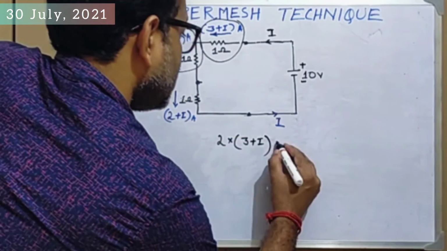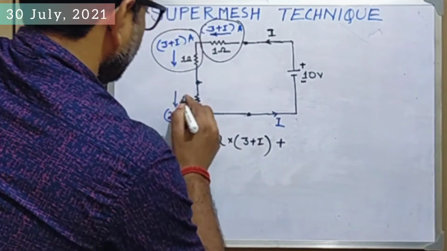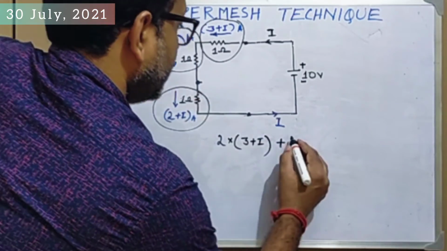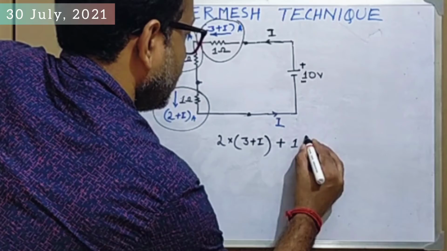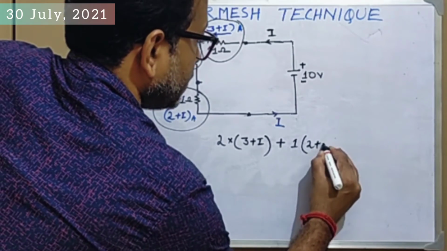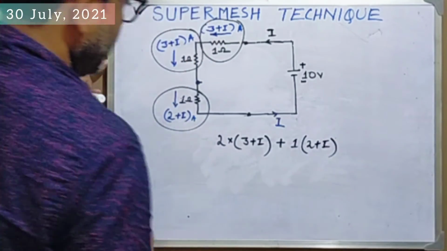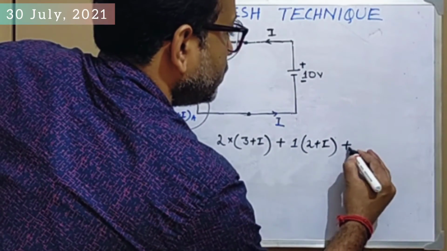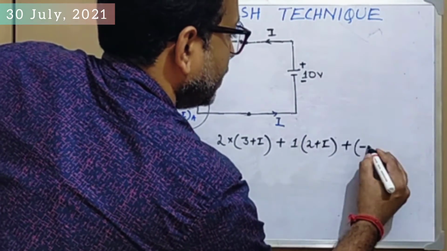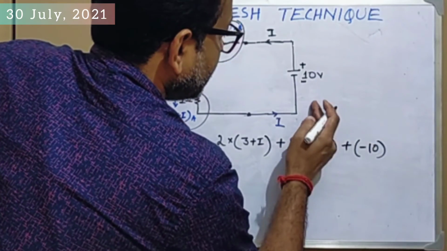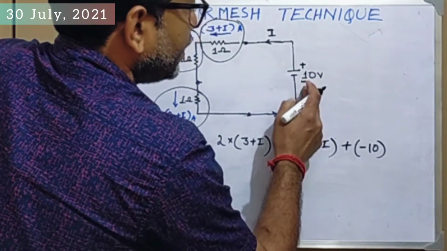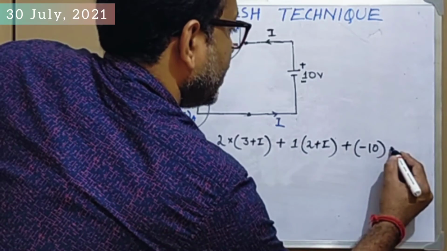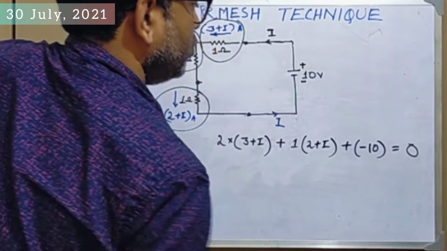Then plus this drop, that is 1 into 2 plus I, and then plus of minus 10 volt, as current is entering through the negative terminal, that's why we should consider it negative, equals 0.